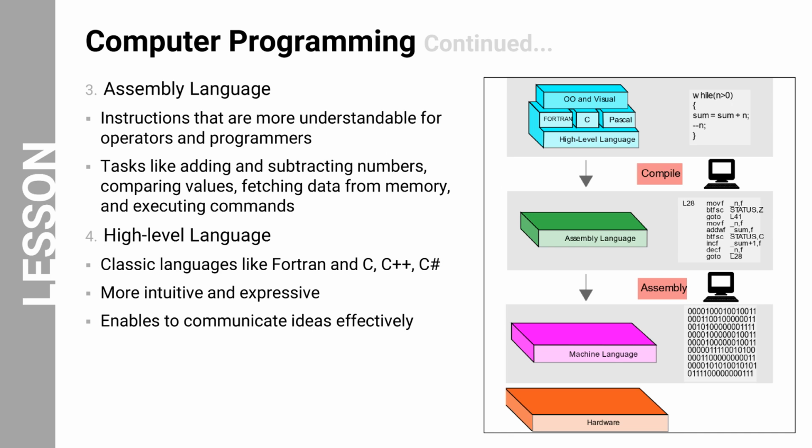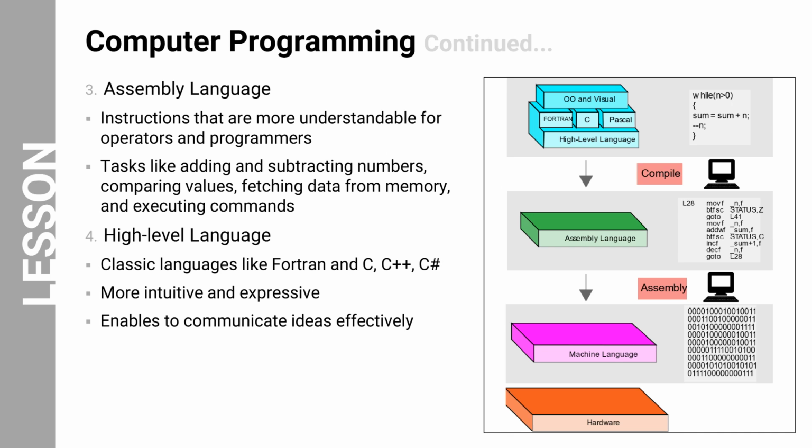At the highest level, we encounter high-level programming languages. These include classic languages like Fortran and C, and more modern languages like C++ and C#, which build on the foundational languages. Visual and object-oriented programming languages add layers of complexity to make programming more intuitive and expressive.